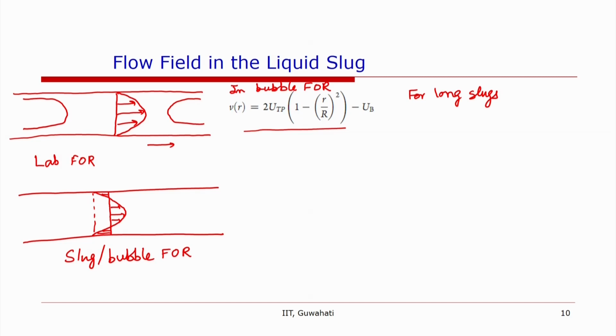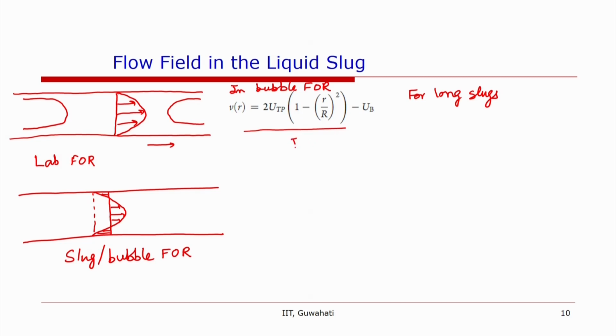Okay. So now if we do that, then we can have three conditions for UB based on the relationship between UB and UTP.